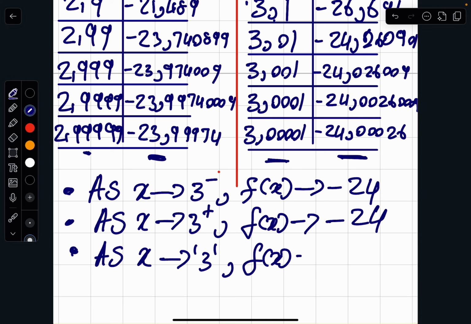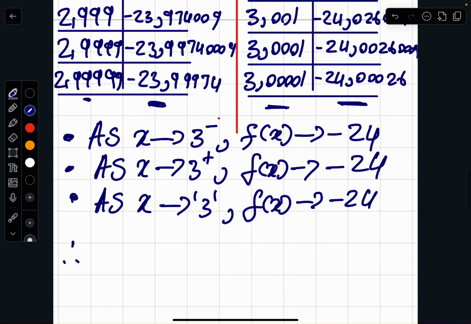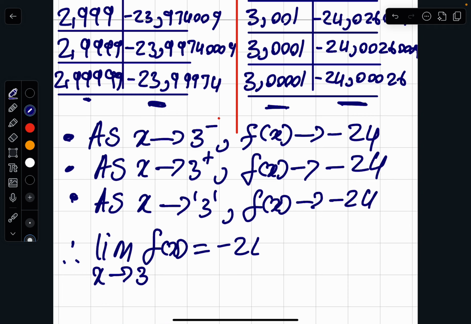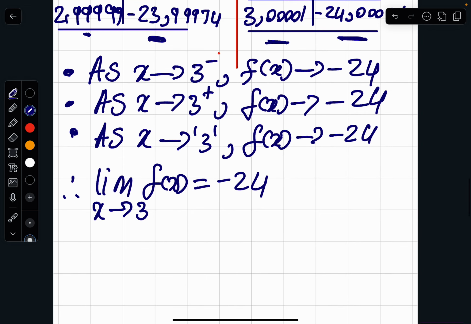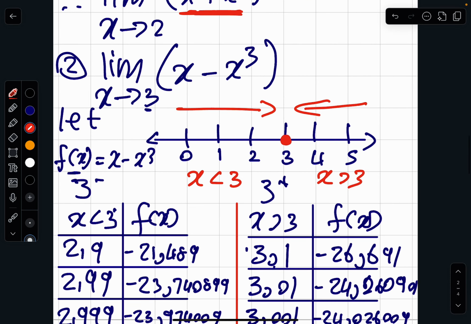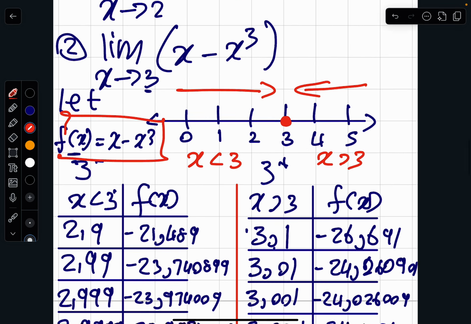Then another point, we are saying as x approaches 3 from both sides, f of x approaches negative 24. Meaning that the limit as x approaches 3 of f of x equals negative 24. Don't forget, you lettered your f of x to be something here. Don't forget this part.